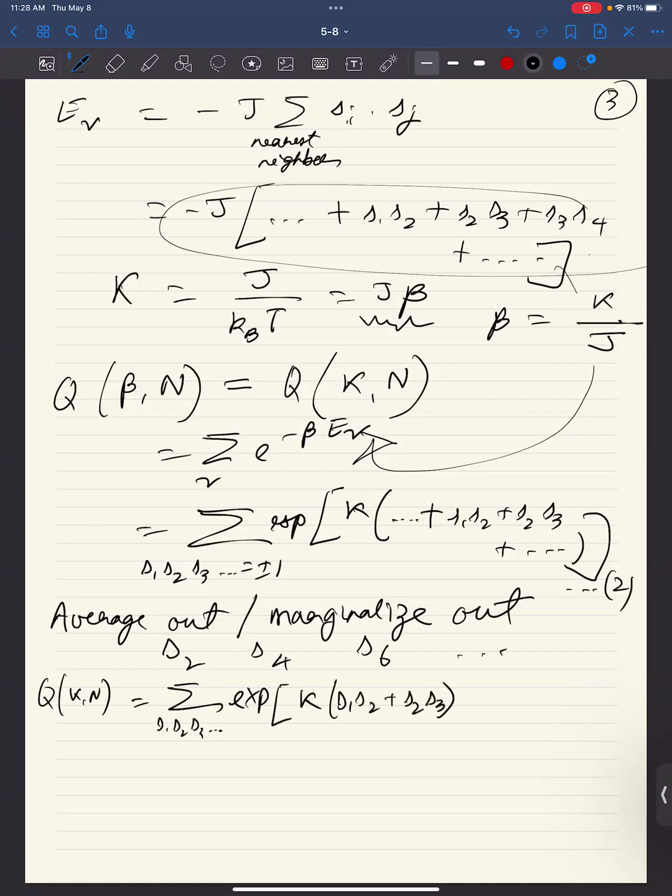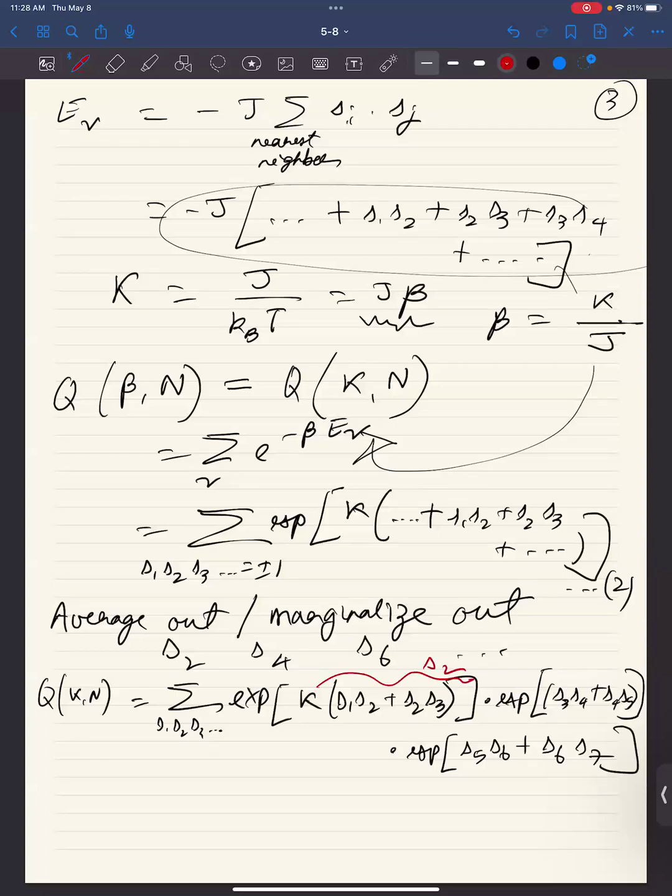Let's group these two in one exponential, multiplied by exp of K times S3 S4 plus S4 S5, multiplied by exp of K times S5 S6 plus S6 S7. I've done nothing profound, right? It's an exponential. Exponential of a sum is a product of individual things. So I've just split it in groups of 2. But notice now that S2 shows up only in the first one, right?